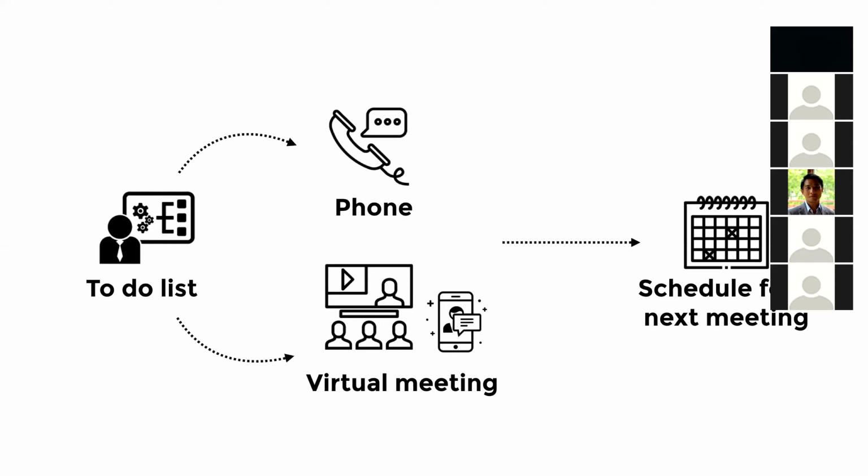In my case, I have virtual meetings with Zoom, and then schedule the next meeting. Not only for my team, I do the same thing for my clients too, like Namalola and Yasmin. We've always been doing these weekly standing calls to make sure our project is making progress.